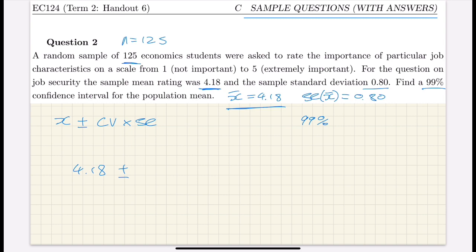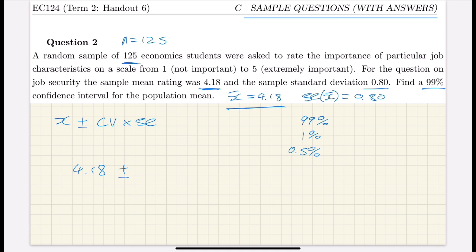So we have to find out basically the reverse, so the 1%, and we know that in the case of the normal distribution these are two-sided, so we have to find the 0.5% value for the critical value.